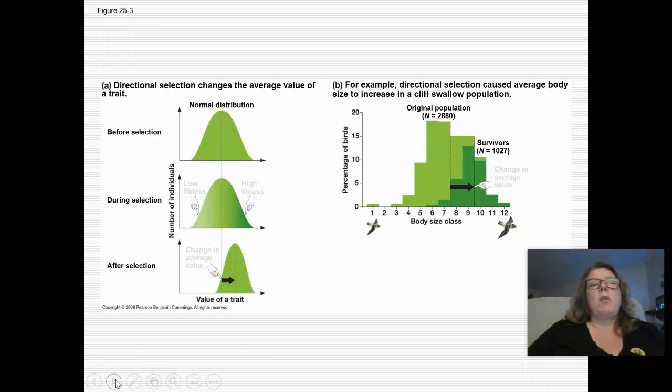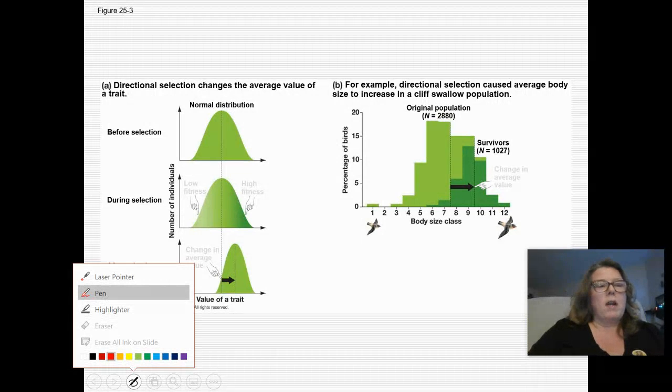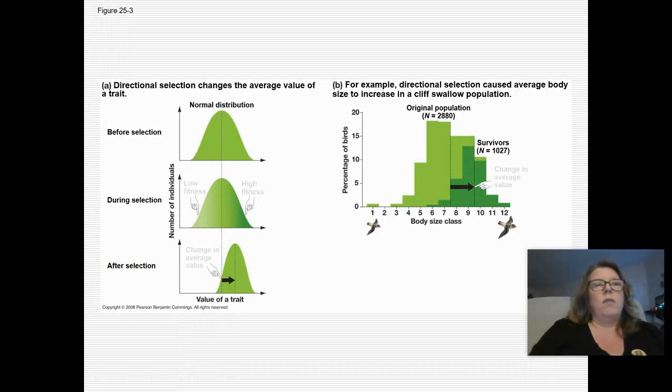We've got an example here of directional selection, changing the body size of this cliff swallow population here. Notice, I believe what's happening here is the light green is the initial population. So these would be the initial population categories. And then this dark green section that you see right here would be the population that's changed over time. Okay, so this is directional.